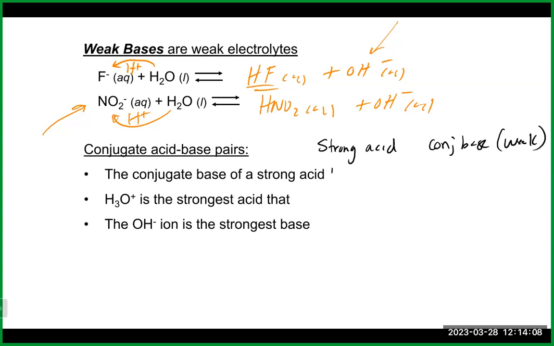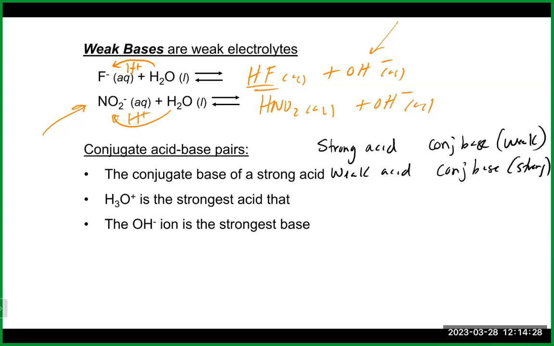If you have a weak acid, its conjugate base will be relatively strong. So it's sort of an opposite relationship. If it comes from something strong, it will produce a partner that's relatively weak. And if it comes from something weak, it will produce a partner that's relatively strong.